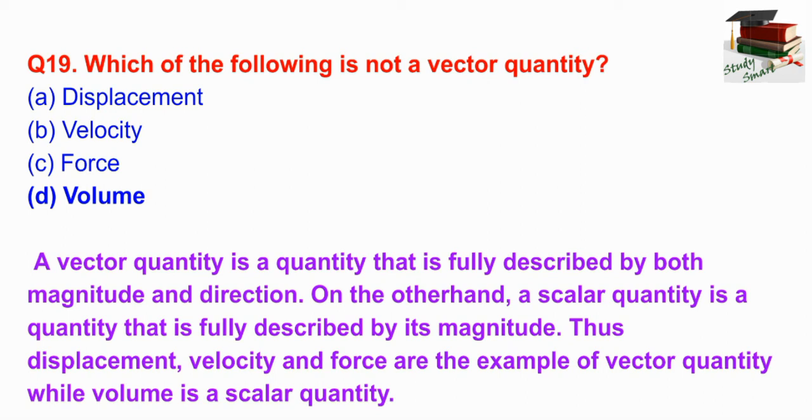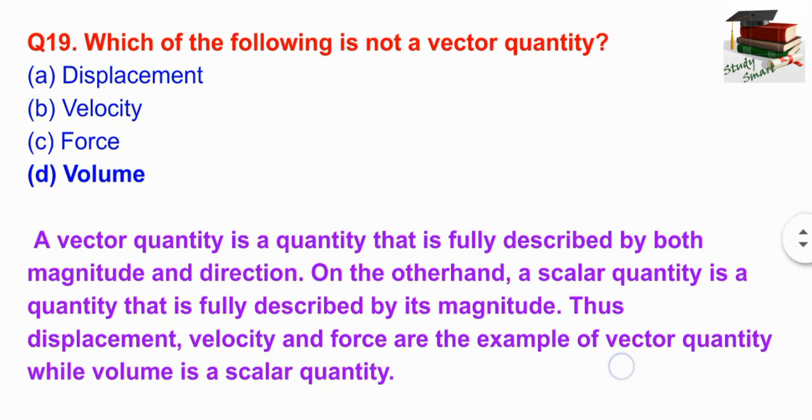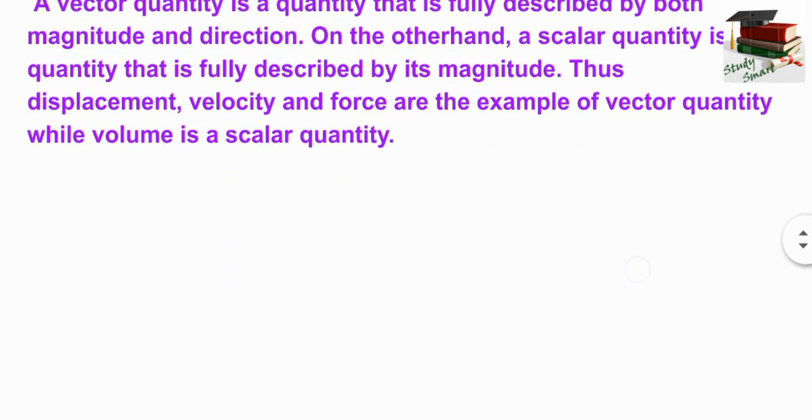On the other hand, a quantity which has only magnitude and not direction is called scalar quantity. Examples of vector quantity: displacement, velocity, force. These are vector quantities, and volume is a scalar quantity. So option D, volume, is correct.